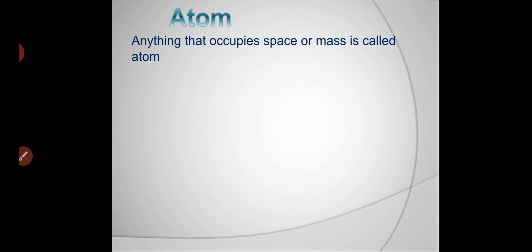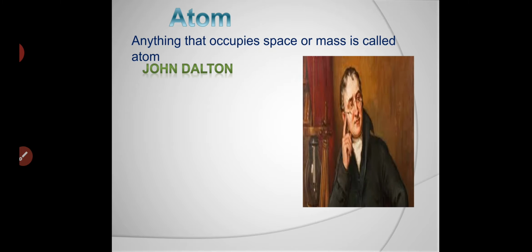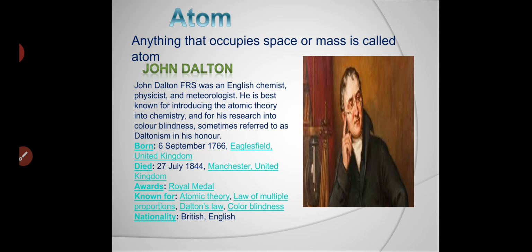So an atom, as we know, is also a thing that occupies some space and has mass, right? Then John Dalton is a very famous scientist. He gave us Dalton's theory. He studied the atom and gave us Dalton's theory. So let us study what his theory concludes.